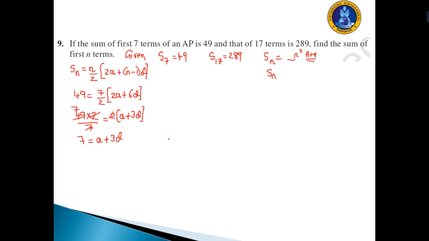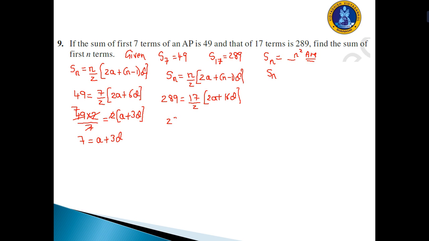That is one equation. Now again for Sn, I have to write the formula n by 2 into 2a plus n minus 1 d. Now Sn, that is 289, and n is 17. So 17 by 2 into 2a plus 17 minus 1, that is 16d.